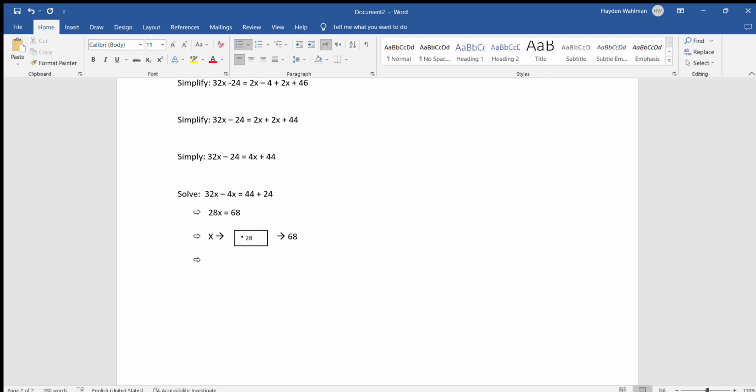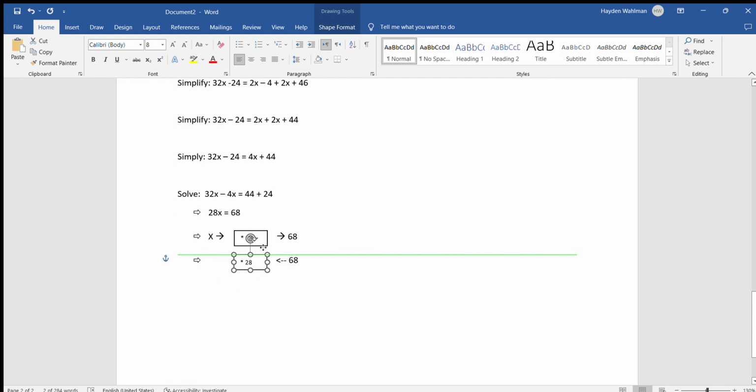And now we go opposite. So now 68 is the input. And the function machine is now, we just changed the sign, now it's dividing by, right? Dividing by instead of multiplication.